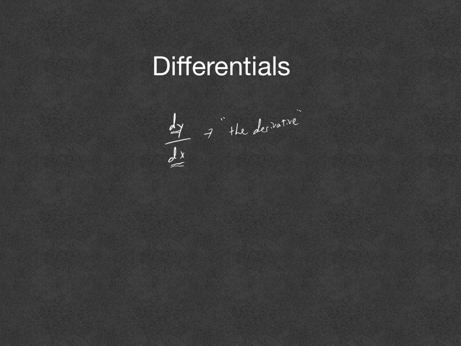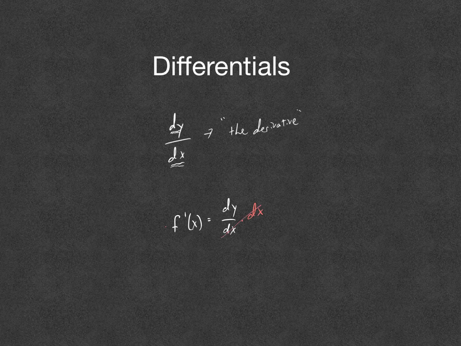Okay, so what I'm going to write now for differentials is, well, we know that f prime of x is the derivative of a function, right? And if I set that equal to dy over dx, our other notation for a derivative of a function, and what I'm going to do is change this equation slightly by multiplying both sides by dx.